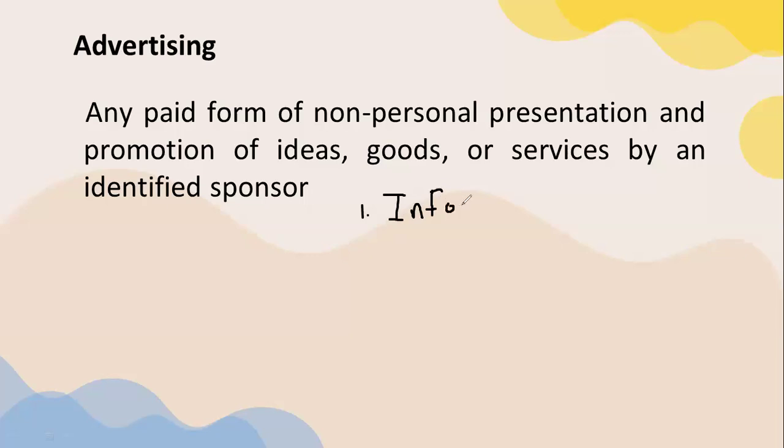We inform, then we persuade the customers, and we remind the customers. Right. So these are the three things we usually do through an advertisement. First we inform regarding our product, then we persuade, and then we make some reminders, right?